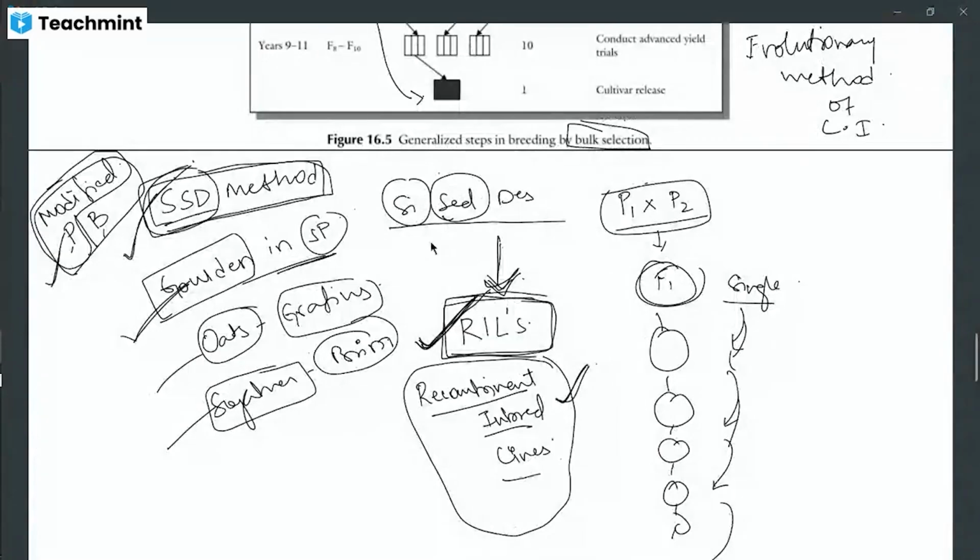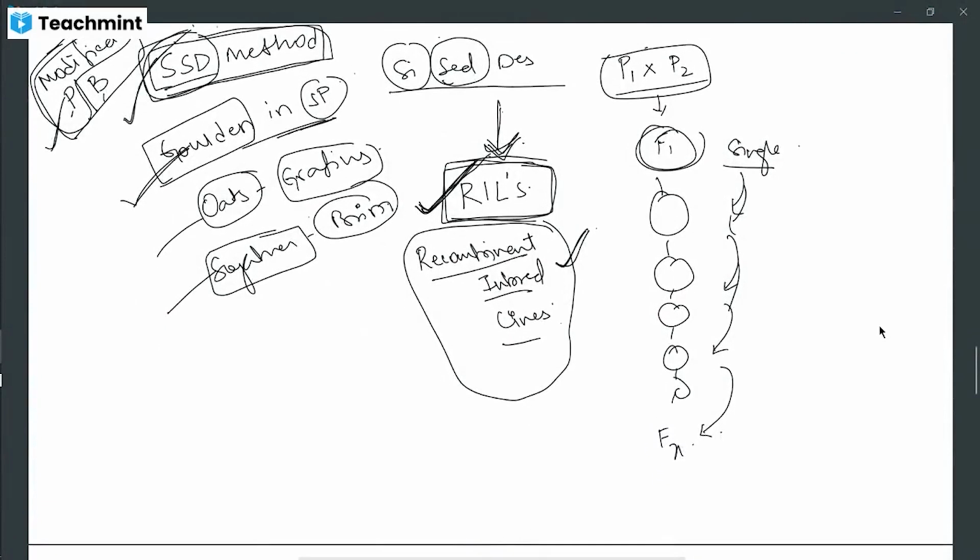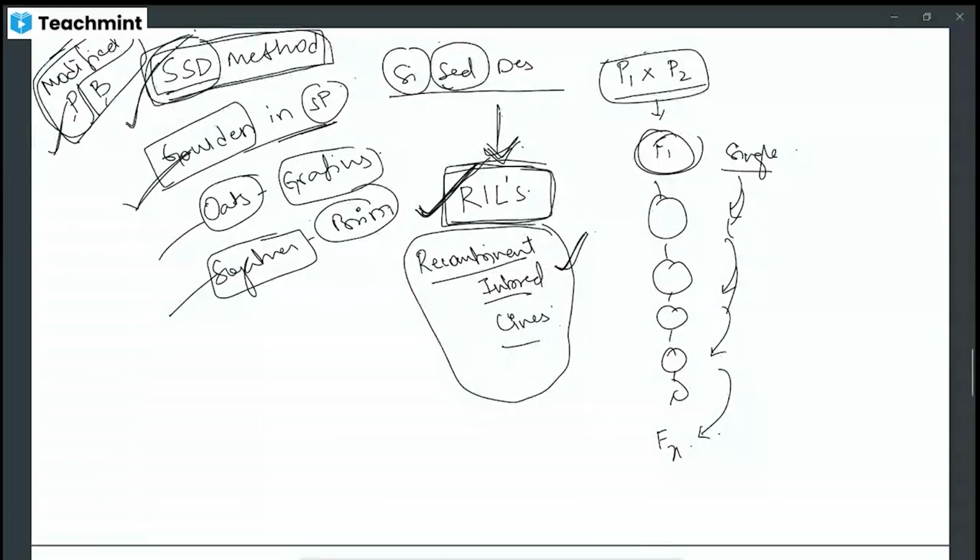Just to remember, this might be one of the questions: the single seed descent method's ultimate product will be your RIL. But one of the major disadvantages of this method is that you are selecting only a single seed. If you unfortunately select a bad seed, then what happens? You are rejecting the good one, right?